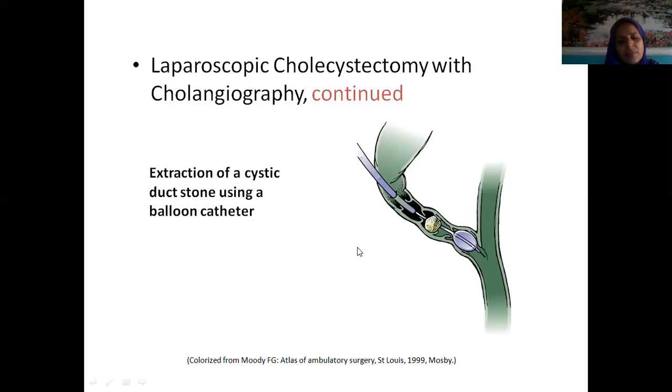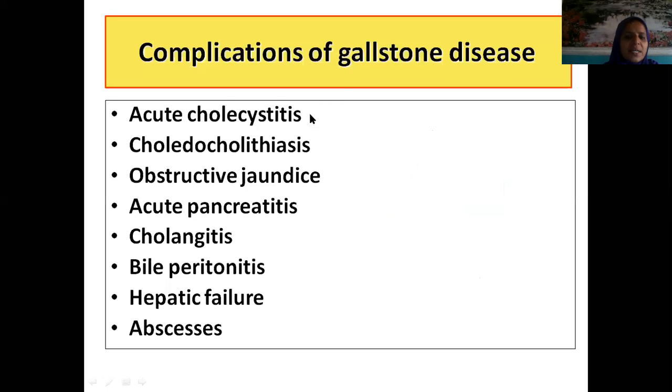Balloon catheter. Okay. So the other common diseases of the extrahepatic biliary apparatus are infection, that is cholecystitis, and stones, that is cholelithiasis. Whenever the liver is not functioning well, usually we see jaundice. Excessive breakdown of RBC will lead to lot of production of bilirubin, isn't it?